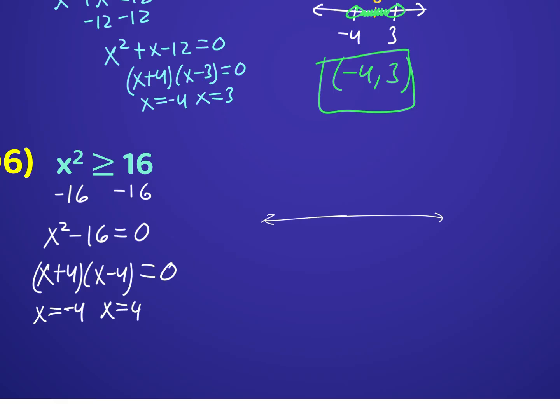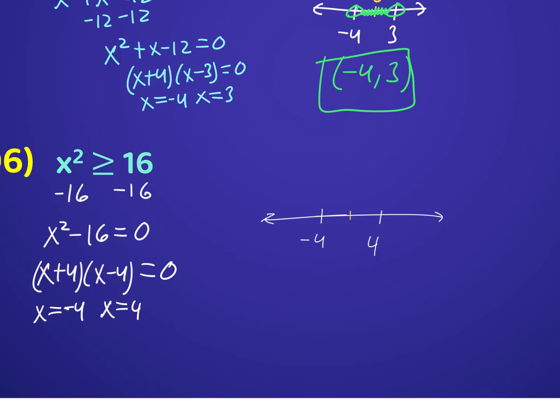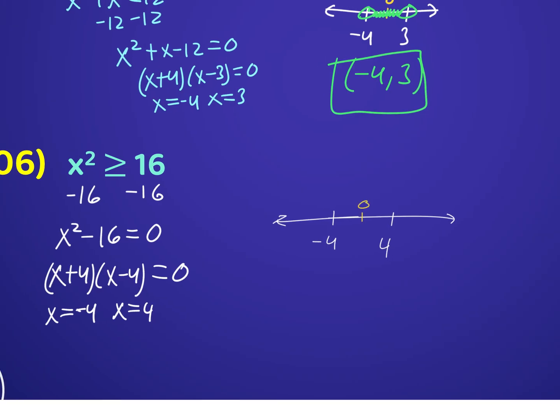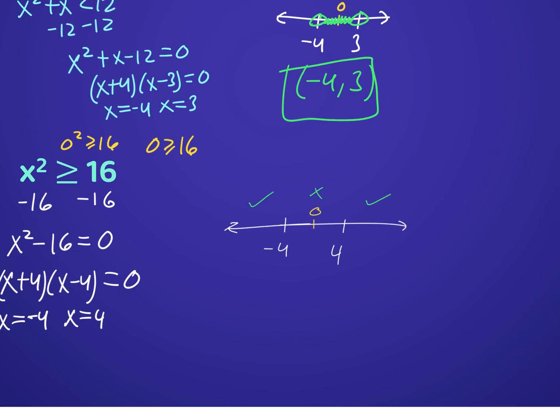All right, and then I would put this on a number line, so -4 would go right here. 4 would go right here. All right, and then I want to test, right? Let me try 0. All right, so I'm going to do 0 squared is greater than or equal to 16, right? Which is not true, right? 0 is not greater than or equal to 16, right? So this entire middle section does not work. That would mean these outer sections do, all right?